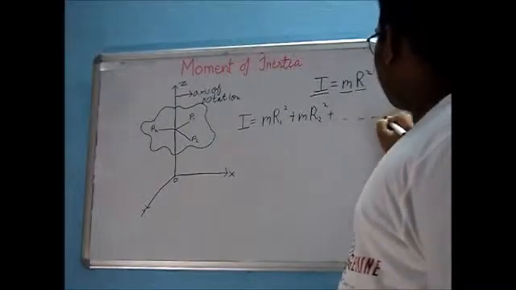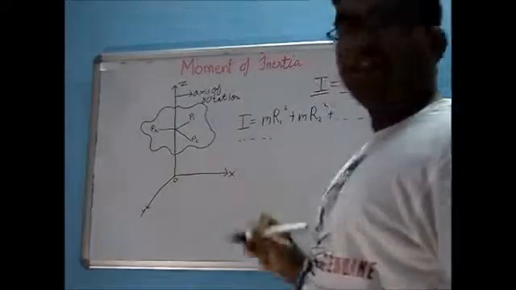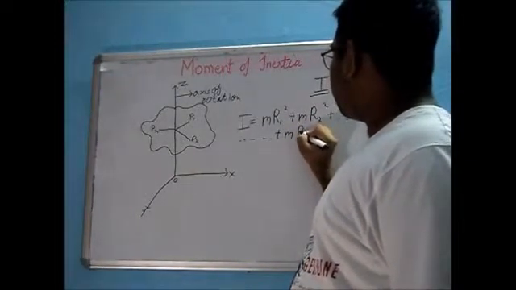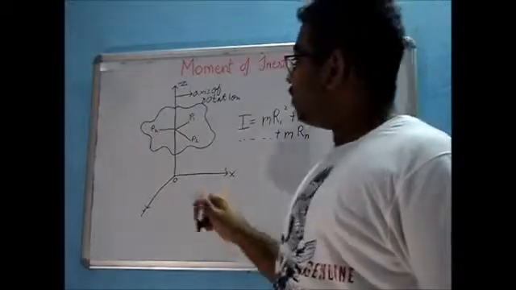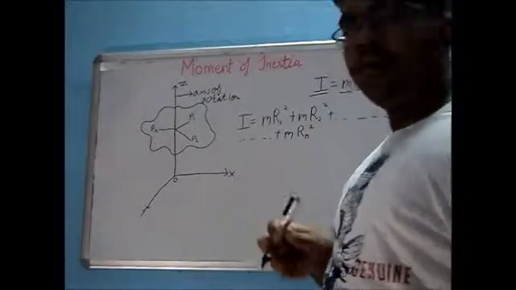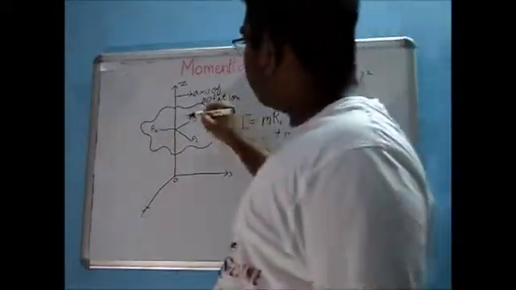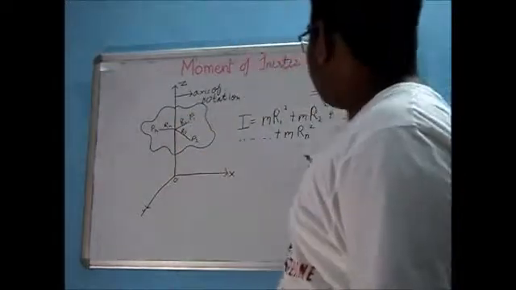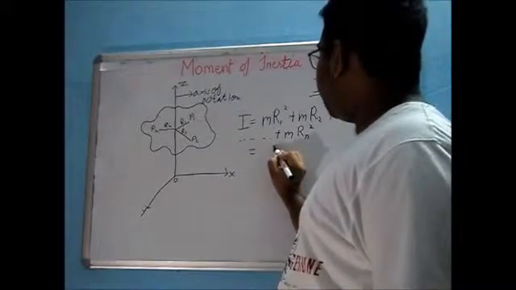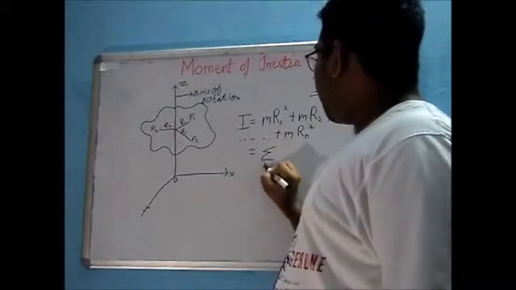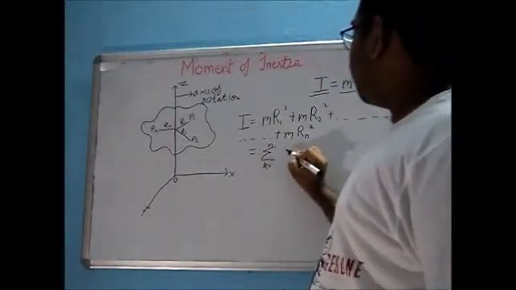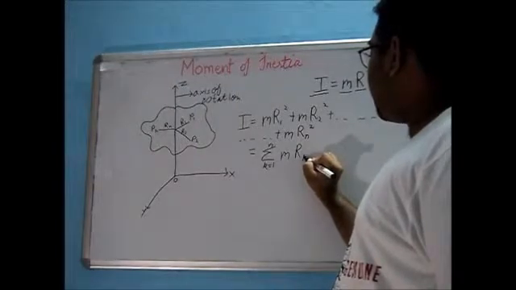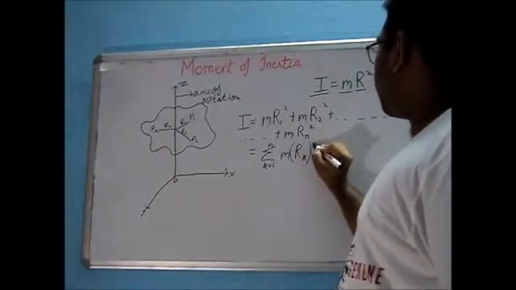So adding all the moments of inertia of all the particles till the nth particle, which is the last particle in the given rigid body, would be equal to summation of k equals 1 to n of m rk square.